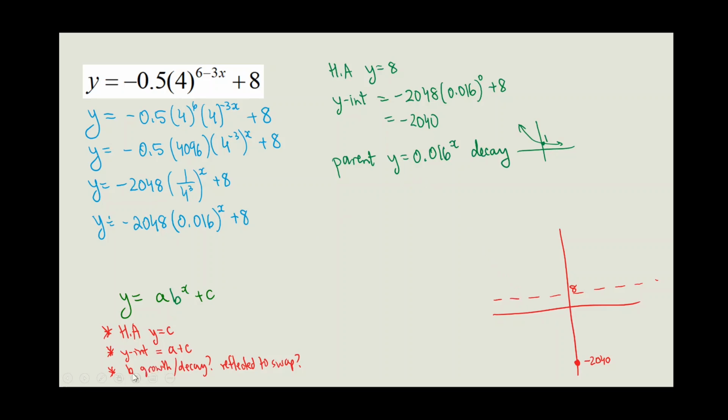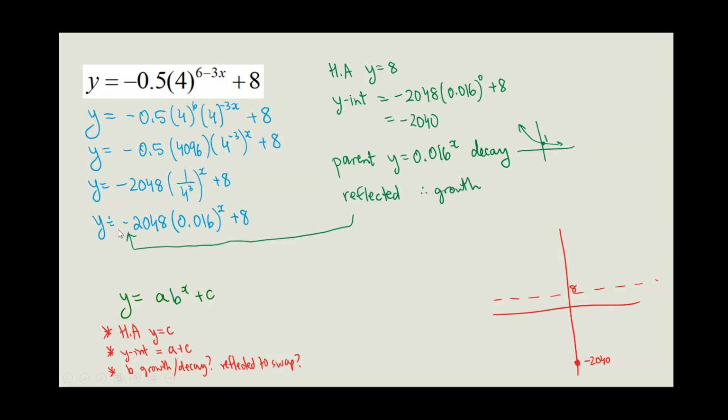Then the last step, identify what you had in the simplified version. The original parent graph would be this base to the x. This base happens to be lower than 1, and lower than 1 is going to cause it to decay like this. So this picture is just for this parent function. Now all you have to ask yourself is, will this shape reflect or not?